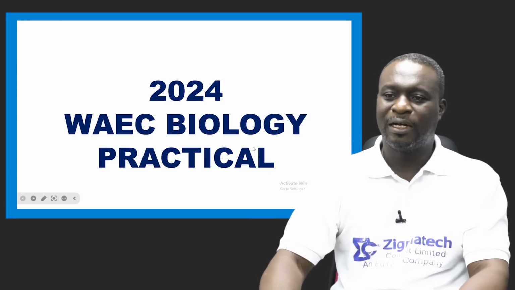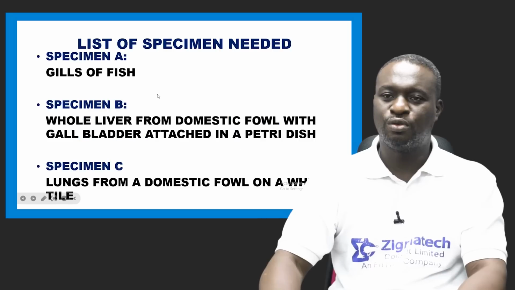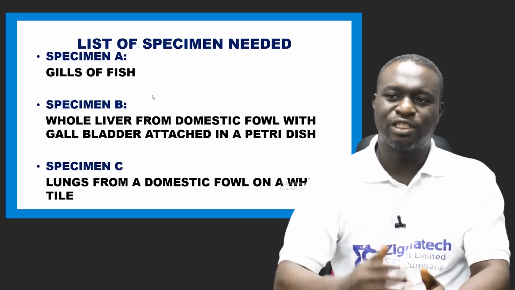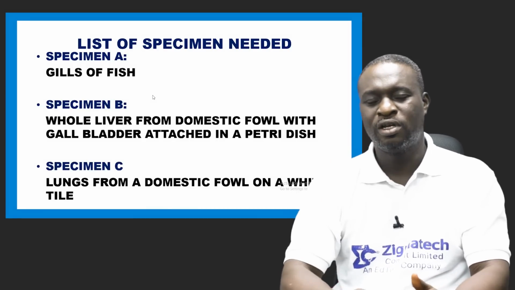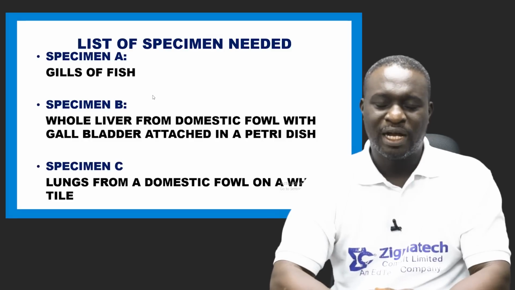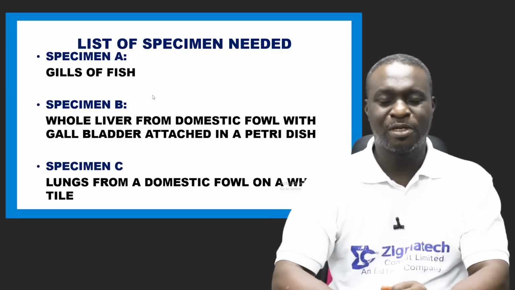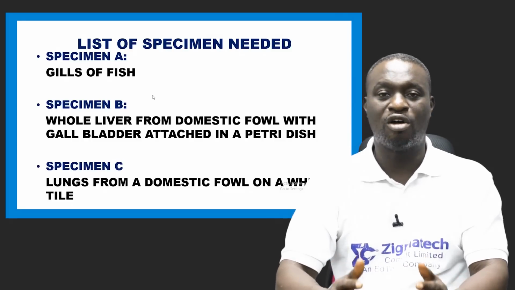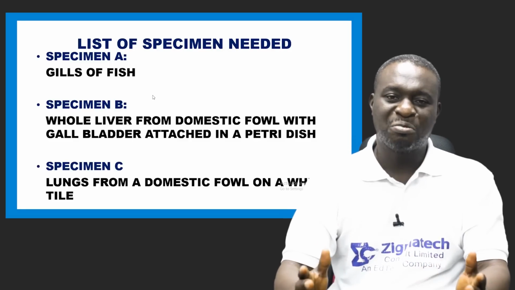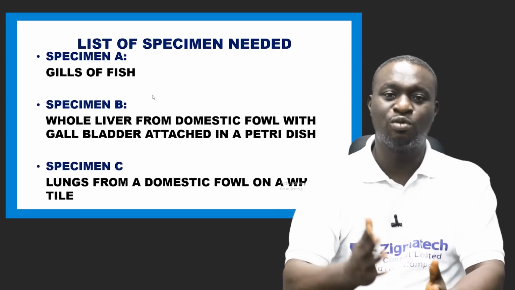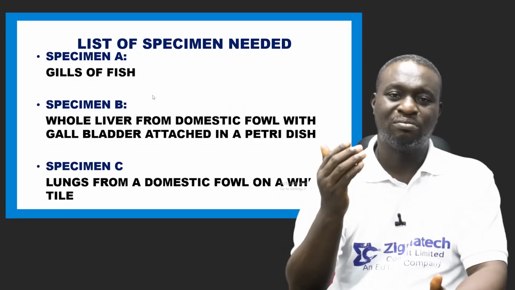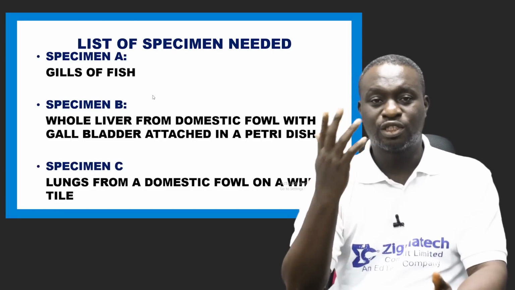First of all, I would like to list the specimens that will be needed for the biology practical. I'll start with specimen A. Specimen A is the gills of the fish. Permit me, I didn't come with the gills of the fish to show you, but we will be looking at diagrams of them.